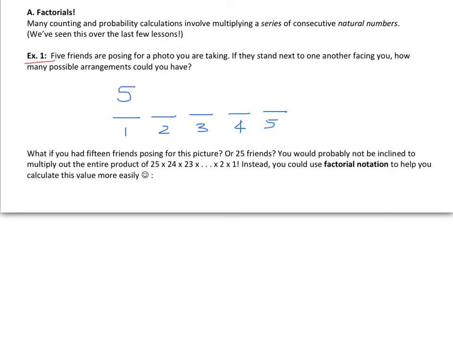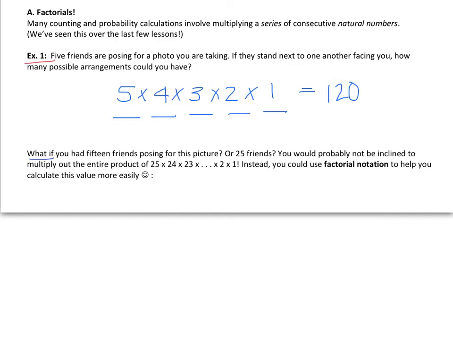And then once one person sits down, there's only 4 options. And then there's only 3 options, 2 options, and then the last person has to sit in seat number 5. And this is equal to 120. And we knew to multiply all these numbers together because we've already learned about the fundamental counting principle.